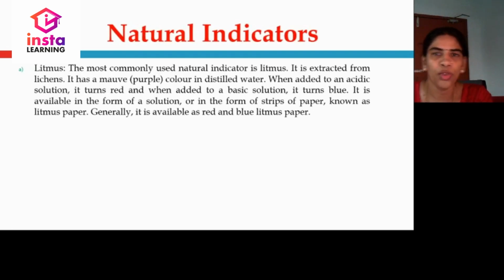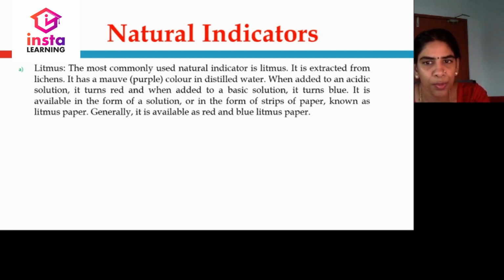Let us see a few natural indicators. Number one, the first one is litmus. It is the most commonly used natural indicator. It is extracted from lichens. It has a purple color in distilled water. As discussed earlier, when added to an acidic solution, the purple color turns to red.